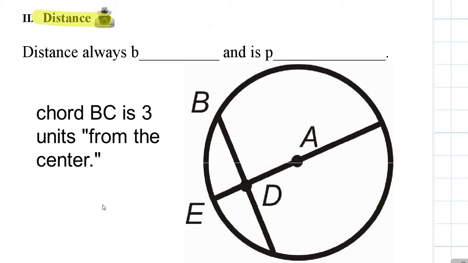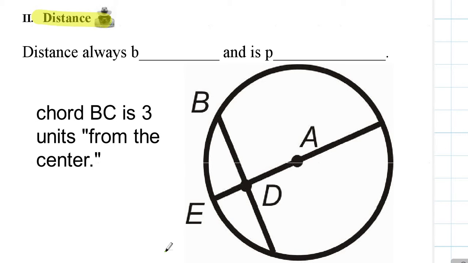Now, I'd like you to take that phrase and label the diagram. Just take a wild guess. What do you think that would look like? If BC, the chord, is 3 units from the center, where do you think that concept would be?